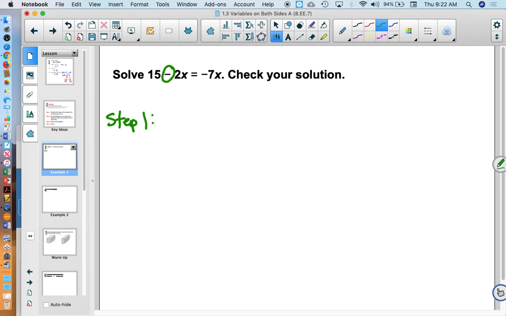Addition. So I'm going to use the addition property of equality to get rid of this 2x. So meaning I'm going to add 2x to both sides. When I do that, I have 15 equals -5x.